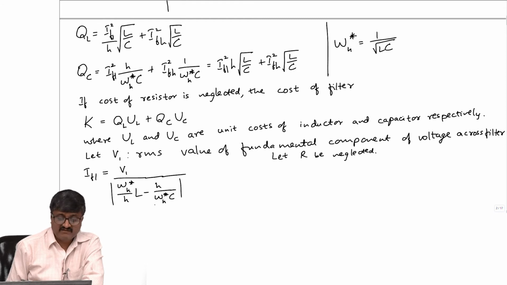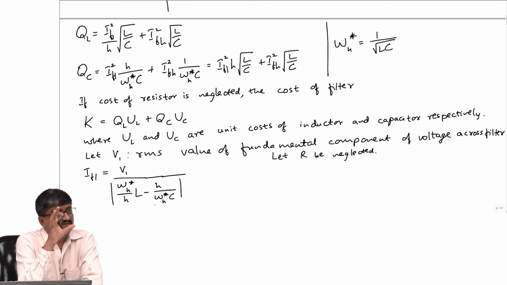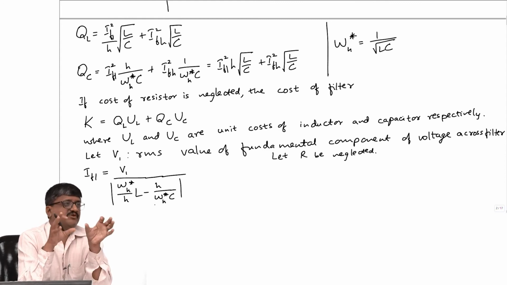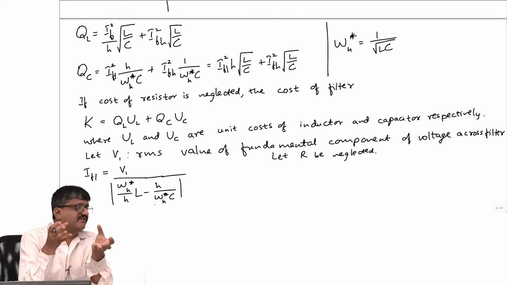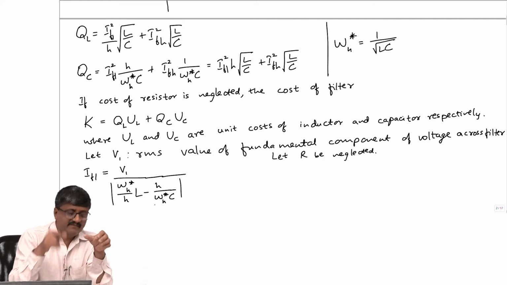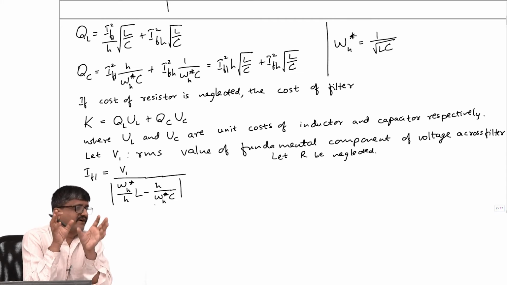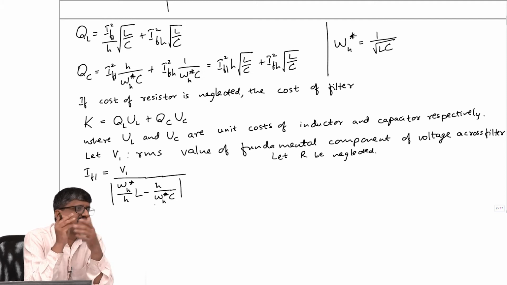The reactances of the inductor and capacitor should be the same at what frequency? The resonant frequency, that is the harmonic frequency for which it is designed. Now I am computing the impedance at the fundamental frequency. So at the fundamental frequency, which one will have a higher reactance, capacitor or inductor?